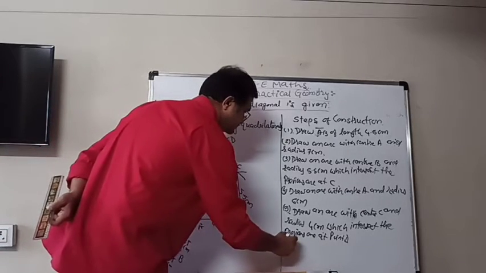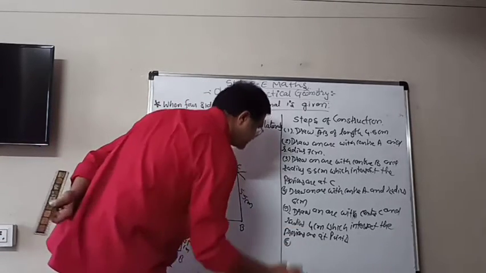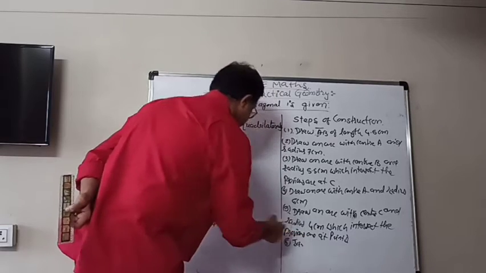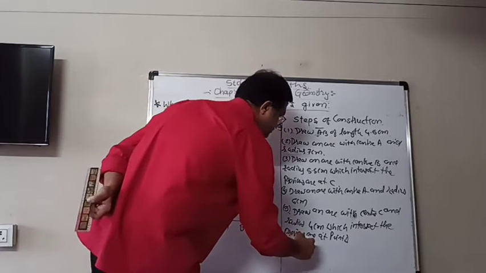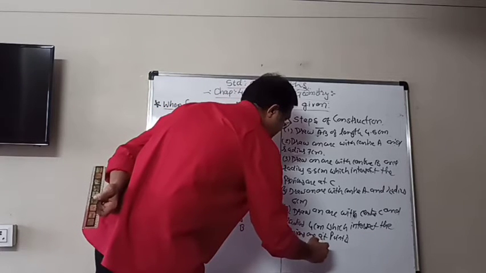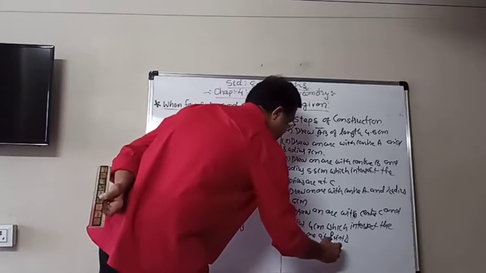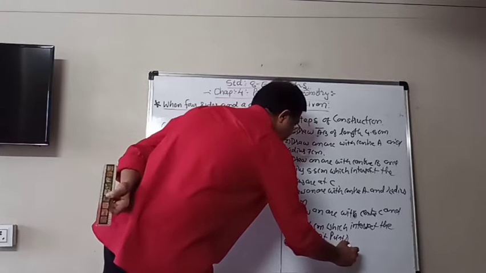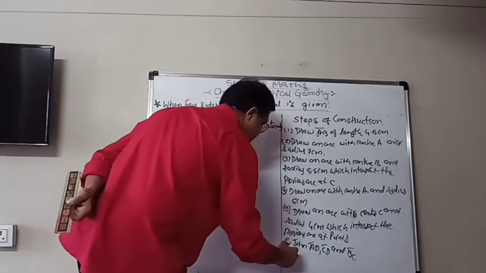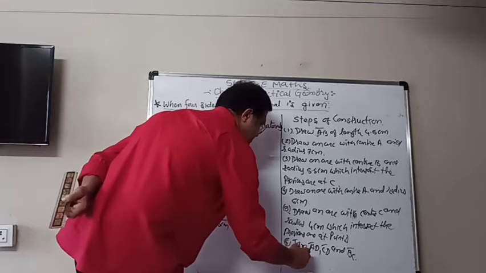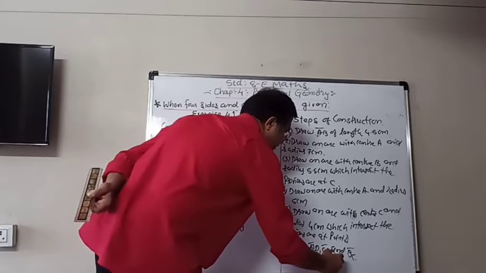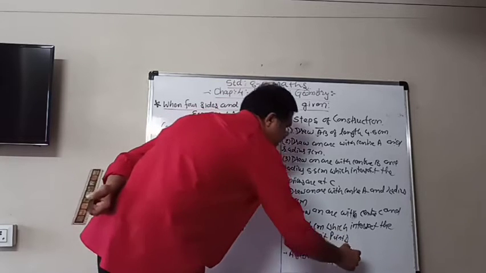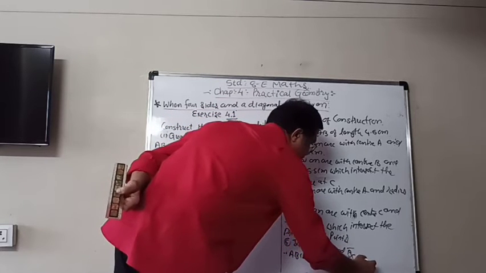So last step, join AD, DC and BC. Join line segment AD, line segment CD and line segment BC. Therefore, ABCD is the required quadrilateral.